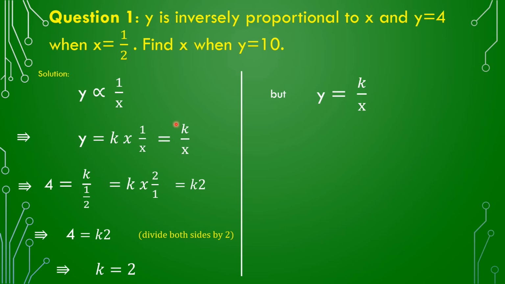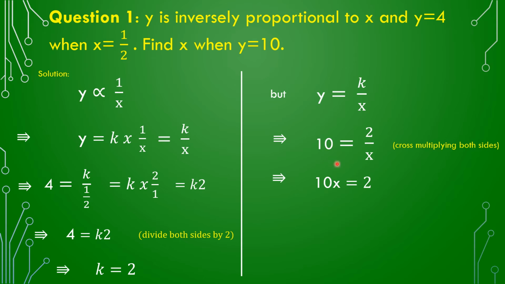The equation says find x when y is equal to 10. Now, it simply means 10 is equal to 2 divided by x, because k is equal to 2 from here. Now, we want to cross multiply. This 10 also means 10 divided by 1. So cross multiplying, we have that 10 times x is equal to 2 times 1.